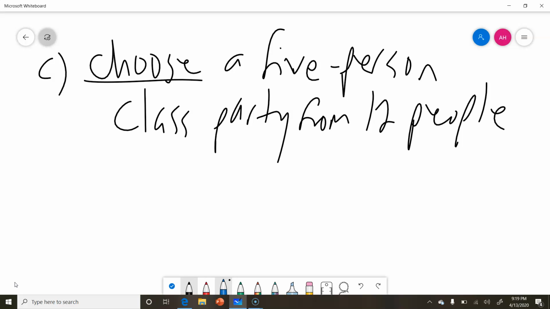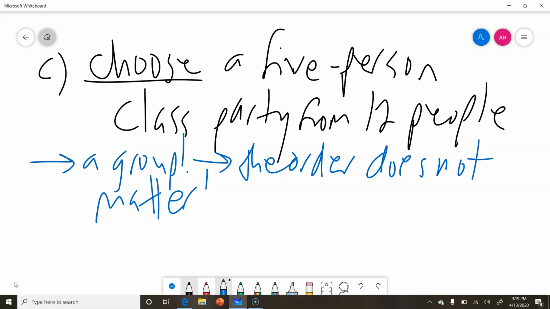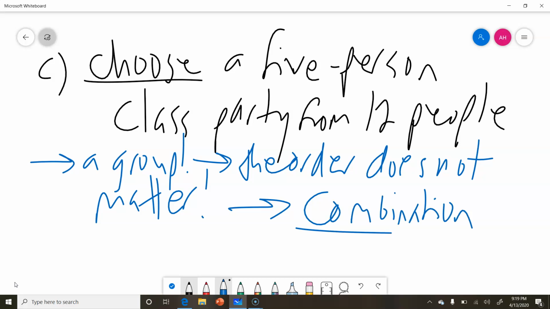But think about this, the order doesn't matter because you're choosing a group. So the order does not matter. And when the order does not matter, then we use combination.